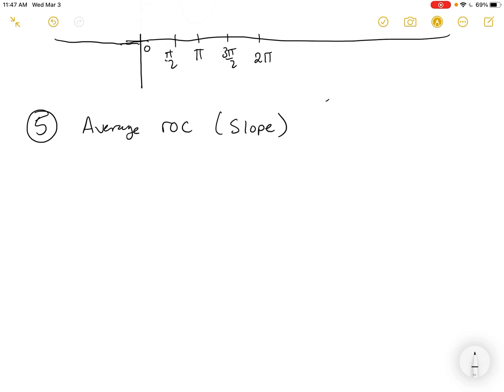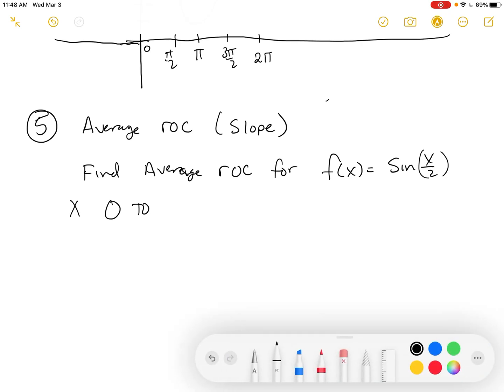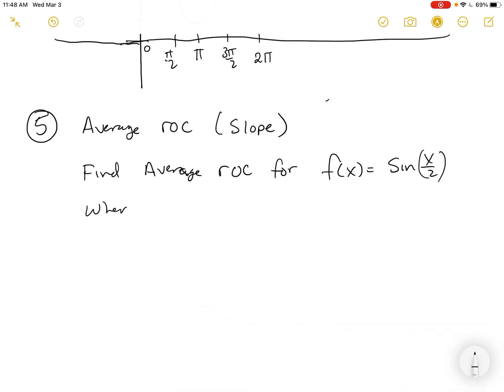And so they want us to find the average rate of change for f of x equals the sine of x over 2, where x goes from 0 to 10 pi over 3.